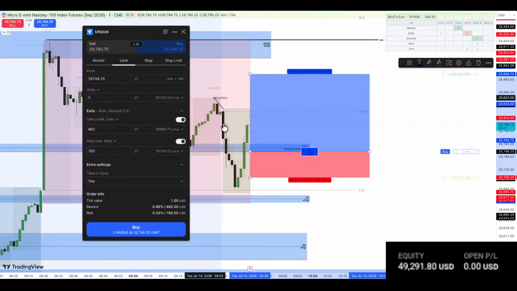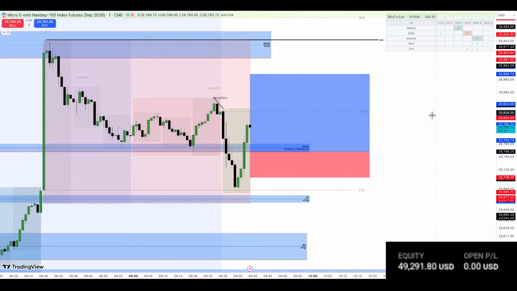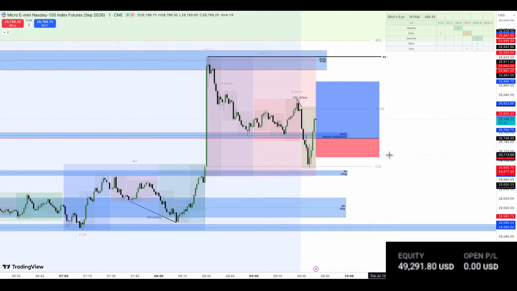So we have a change in state of delivery, but I don't like how price moved, because it didn't tap any point of interest. I don't have any point of interest, and there's no SMT, so I'm just going to have to wait for price to give me something like a clear reversal, like a clear SMR or smart money reversal.